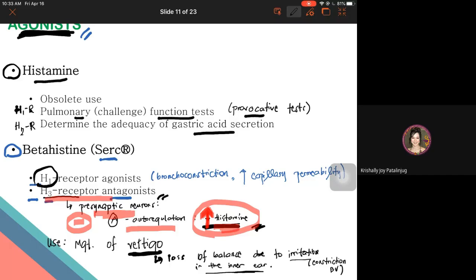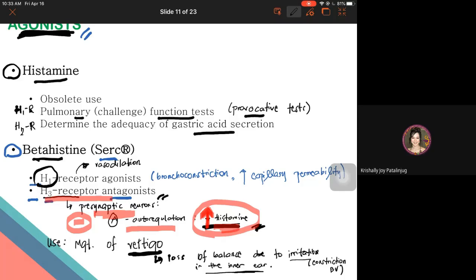Histamine 1 receptor. Aside from beta-histine itself, meron tayong mga histamine that are naturally produced that will also bind to histamine 1 receptor. Recall nga ang effect ni histamine 1 receptor sa blood vessel is vasodilation. Scan niyo yung notes.